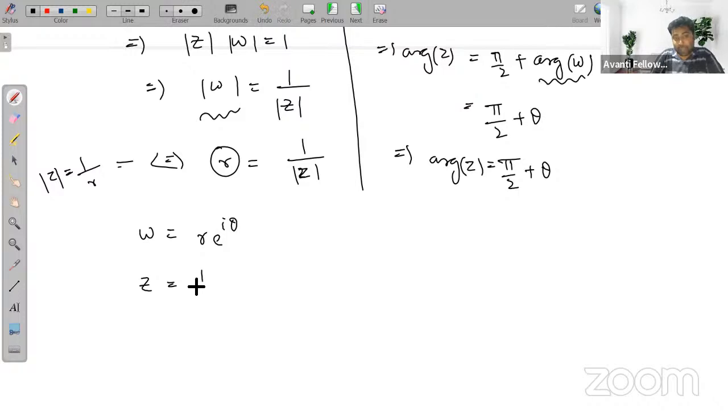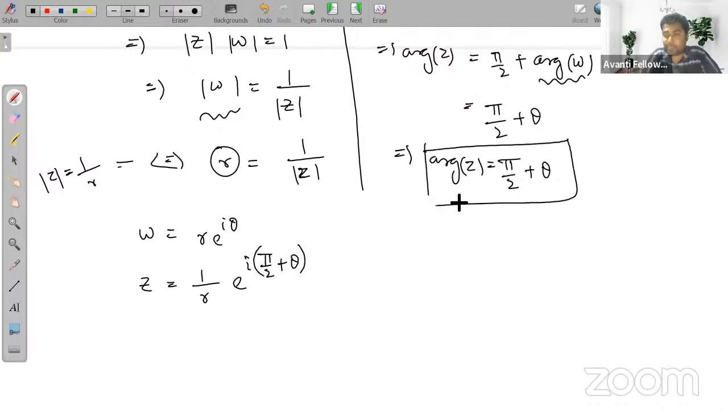So it can be expressed also as 1 by r into e to the power i into pi by 2 plus theta, because argument of z we are getting here is pi by 2 plus theta, where theta is the argument of omega. And the modulus of complex number z is 1 upon r. So it can be expressed in Euler's form, 1 upon r into e to the power i into pi by 2 plus theta.